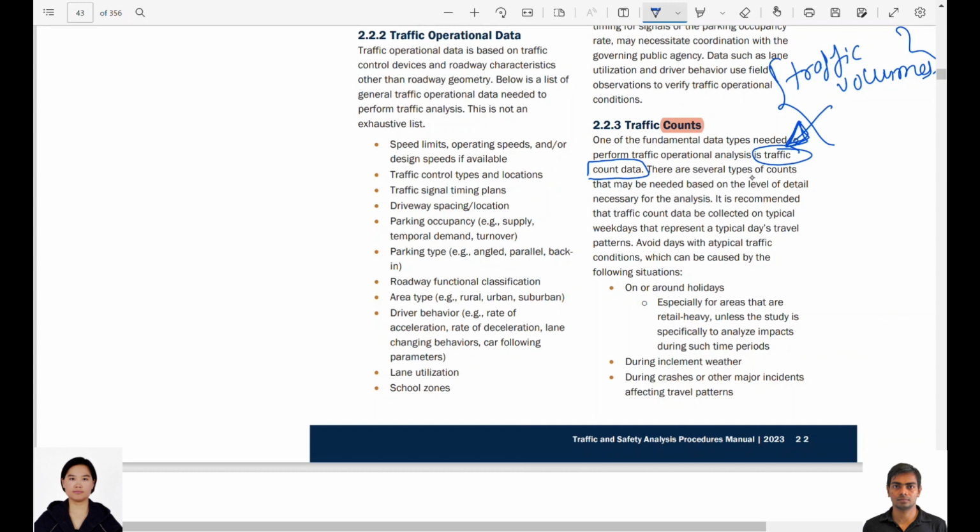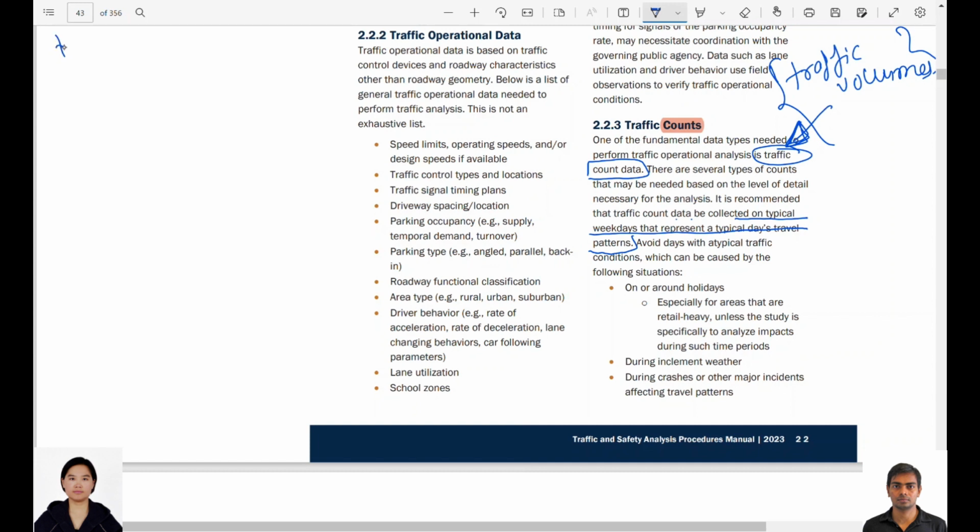There are several types of counts that may be needed based on level of detail. It is recommended that traffic count data be collected on a typical weekday that represents a typical day travel pattern. This is something that needs some explanation. Typical weekday is something that we have traditionally done.